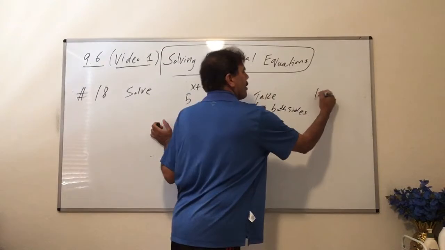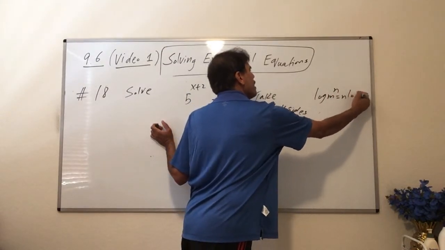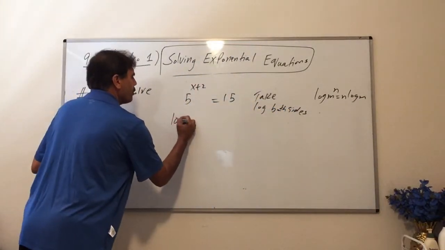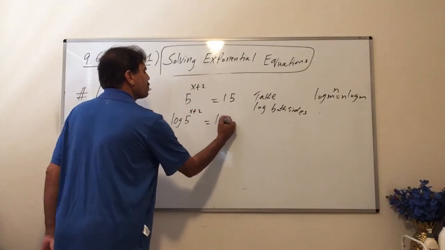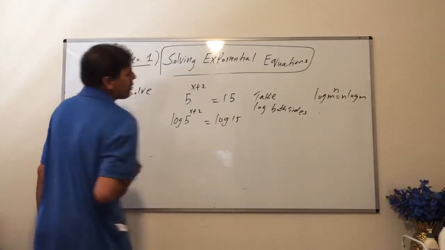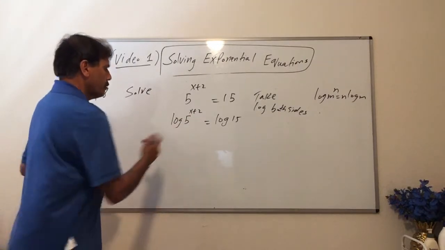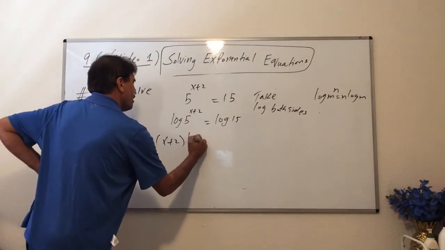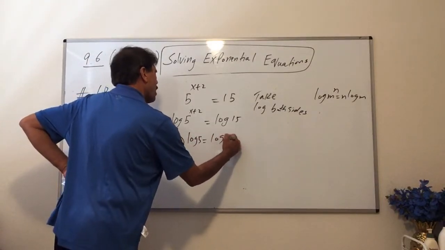And remember, one more time, log of m to the power n is always n log m. So here we're going to take log both sides. X plus 2 is very similar to the last problem. So it's going to be x plus 2, use the parentheses, it is a binomial, log of 5 equals log 15.